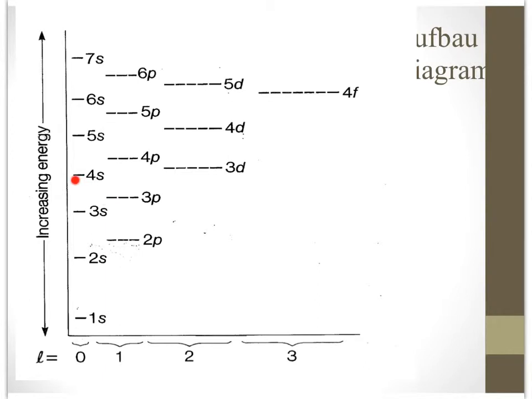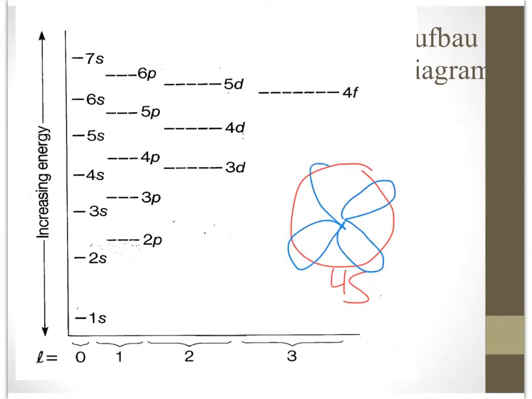The 4s is actually a little bit lower energy than the 3d, because the 4s is a spherical shape. Oh dear, sorry for my drawing skills. And the 3d, if you remember from the pictures, looks more or less like that.